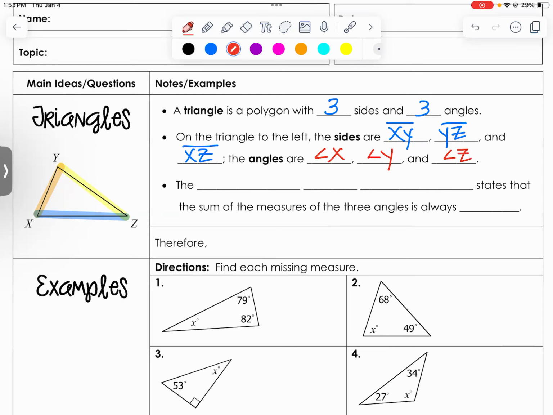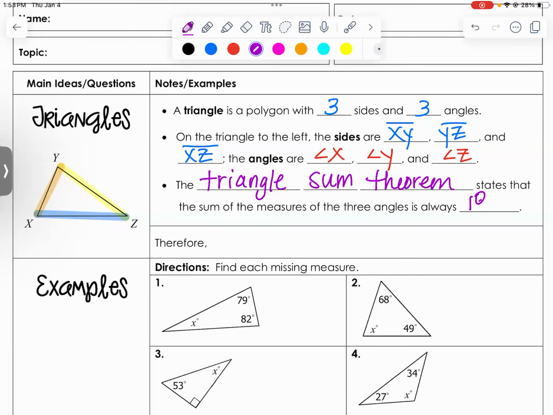Okay, so then we have this really cool thing called the triangle sum theorem. Who can tell me what the sum of the measures of 3 angles in a triangle always is?